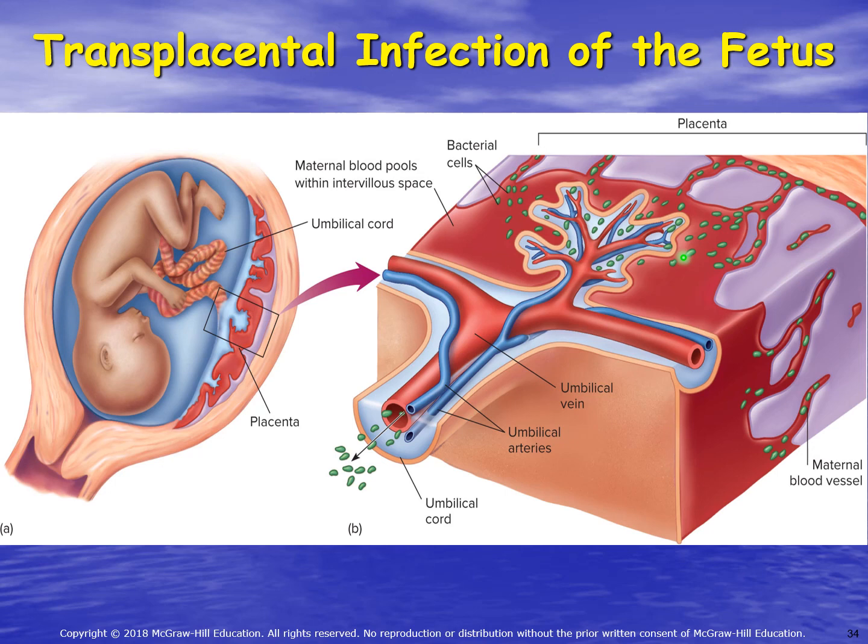There is no direct connection between the maternal and fetal blood. In other words, there's no actual mixing of the blood. The only time that occurs is when the placenta separates from the wall of the uterus after birth.